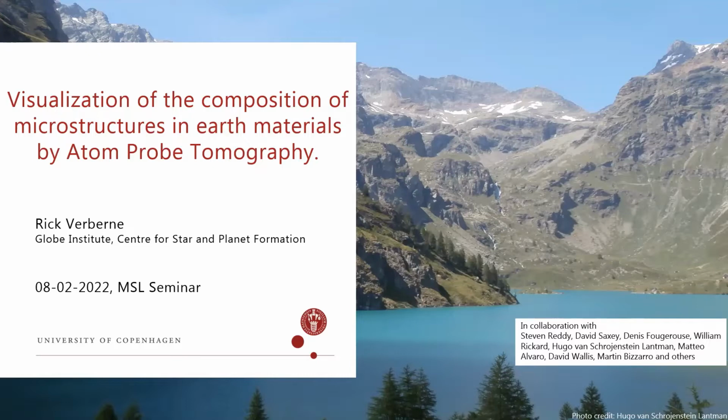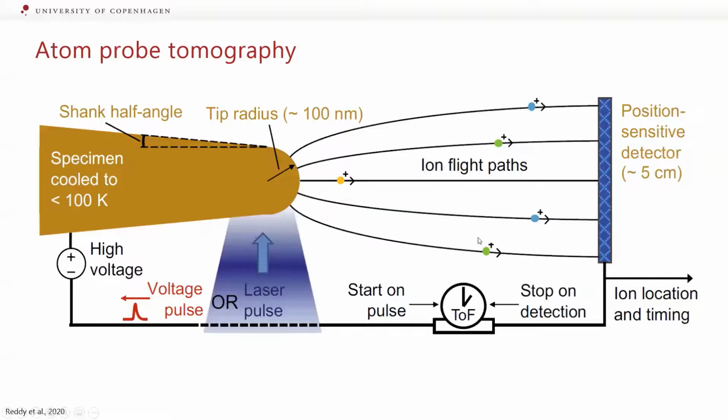So first, a little bit about Atom Probe Tomography itself. The way it works is that a specimen about 2 microns in length and 100 nanometers wide at the tip is placed in the machine, and then it's put under a high voltage that creates a very high electric field due to the very sharp tip.